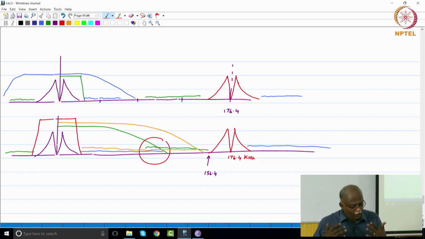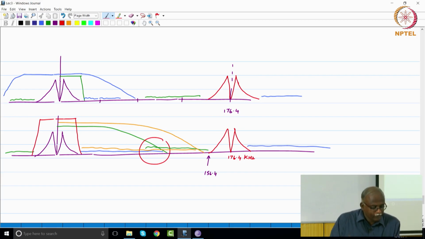So, one of the things that I wanted to introduce through this example is that multi-rate signal processing is a very practical tool which you are using every day, whether you may have realized it or not. But it is all about understanding the underlying framework of sampling, aliasing, what is my desired signal, how far can I allow the aliasing to come, all of that is a very, very important element.